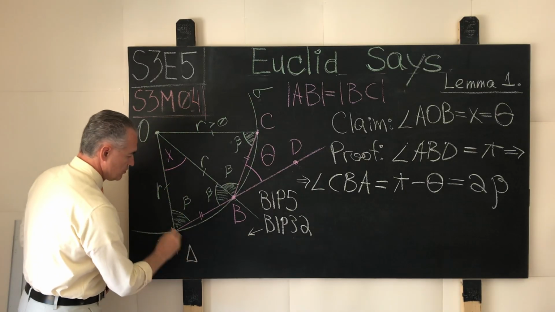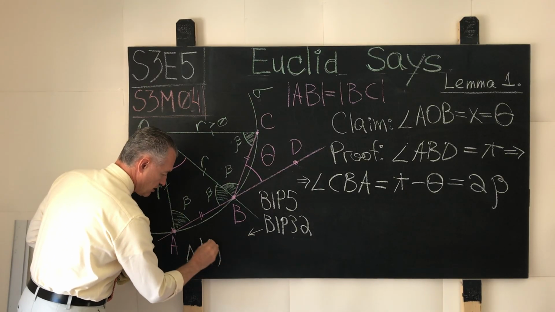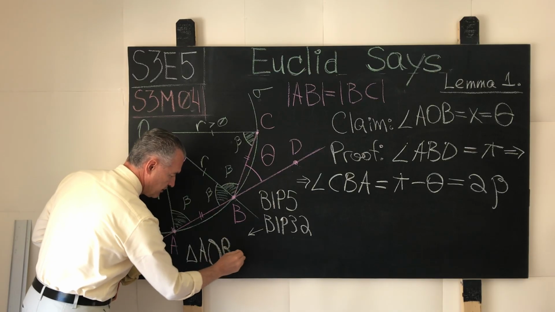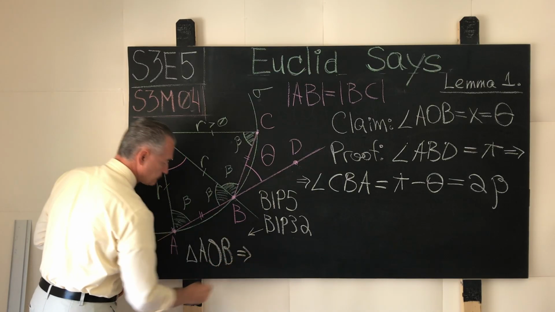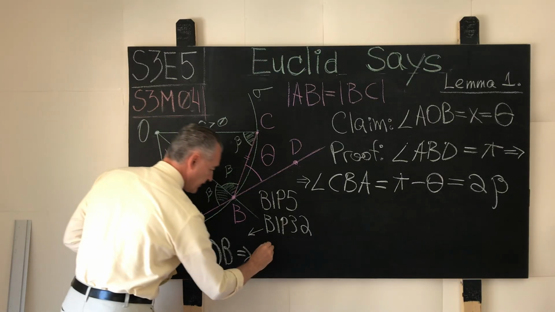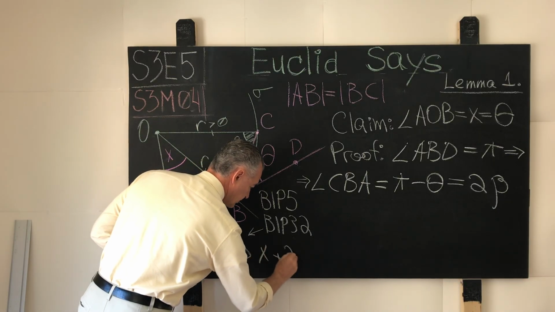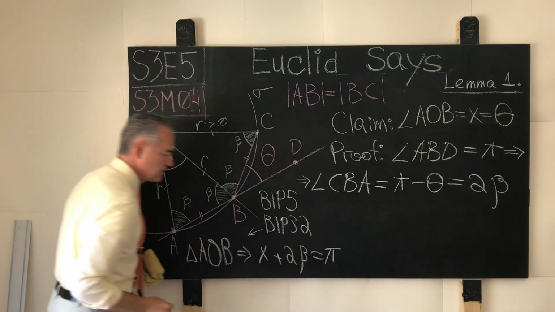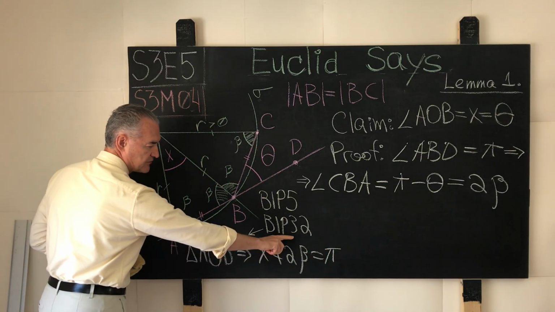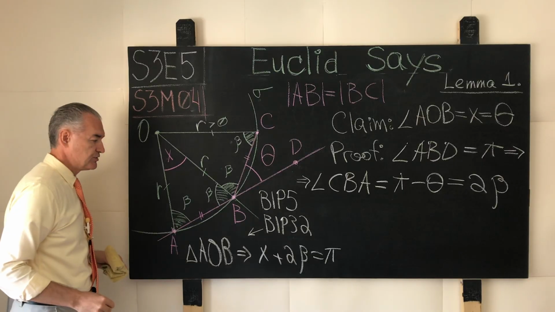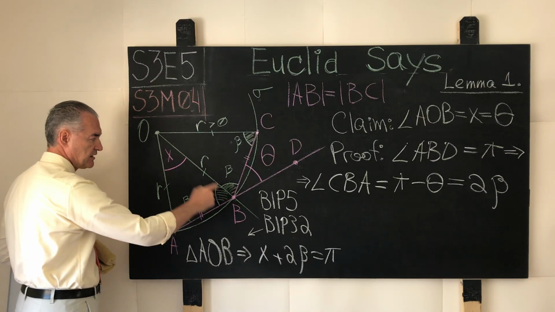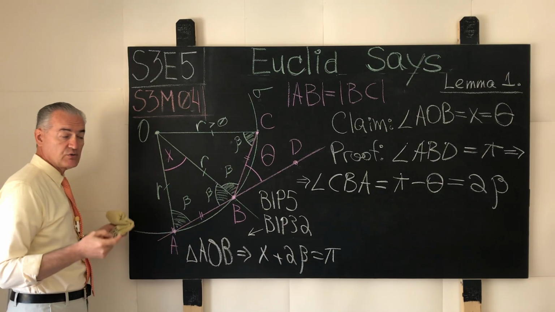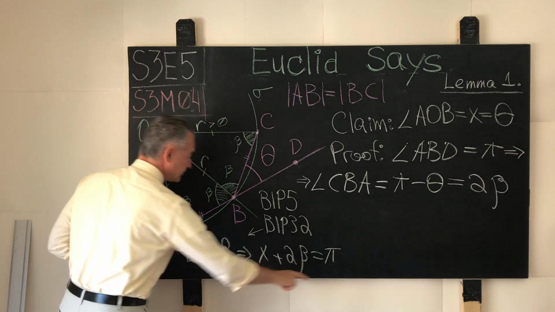So from here, what do we have? From the triangle, which one? A, O, B, what do we have? We have x plus 2 beta is equal to pi. Would you agree? This is basically the manifestation of Book 1, Proposition 32. The magnitudes of the interior angles in any non-degenerate planar Euclidean triangle sum to pi radians.